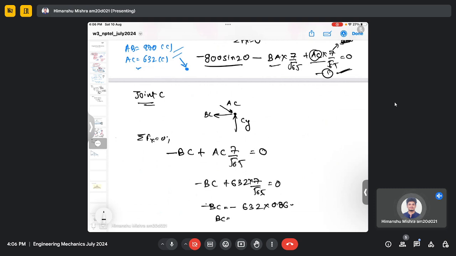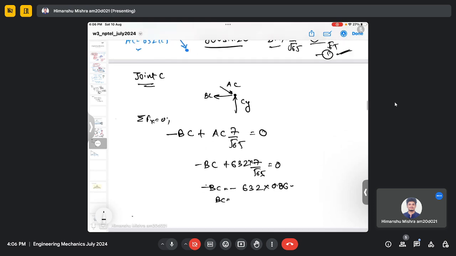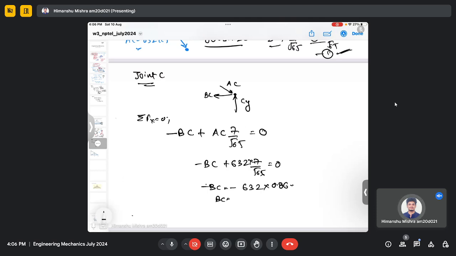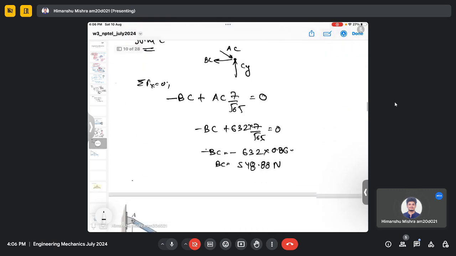So BC will be positive, so the assumed direction is correct. Because it is positive, the magnitude is 548.88 Newton. So this is the force BC.